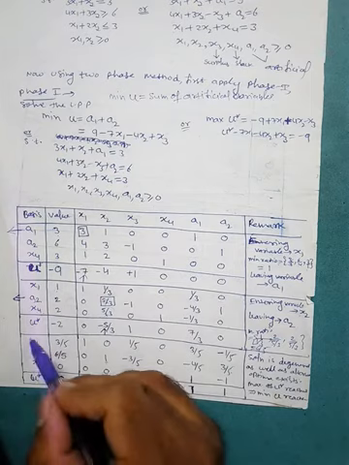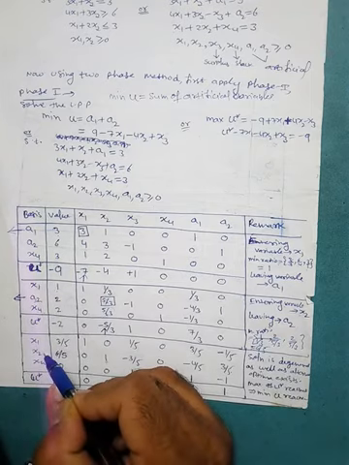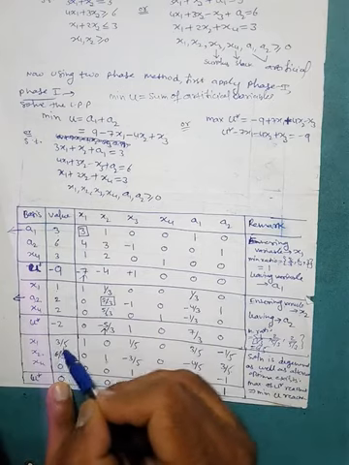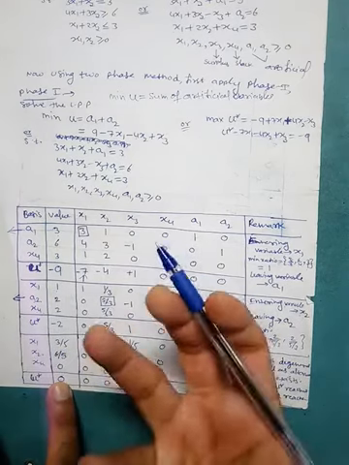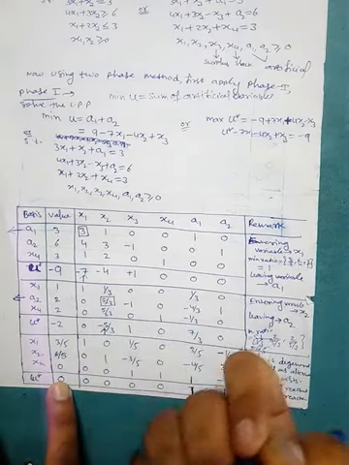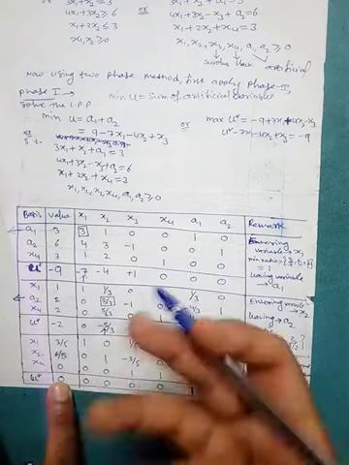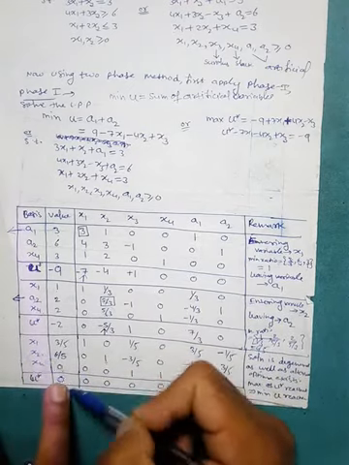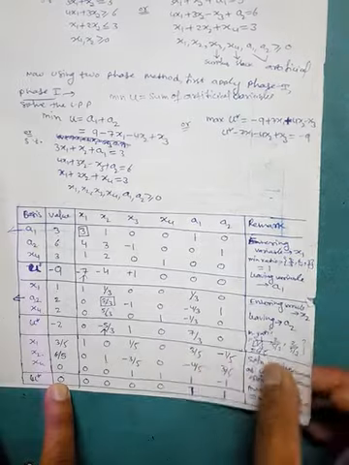But if suppose there is an artificial variable present and its level is not 0, its level is a positive level, then obviously infeasible solution. Here there is no artificial variable present, here is 0, so that's why we can move to phase number 2.